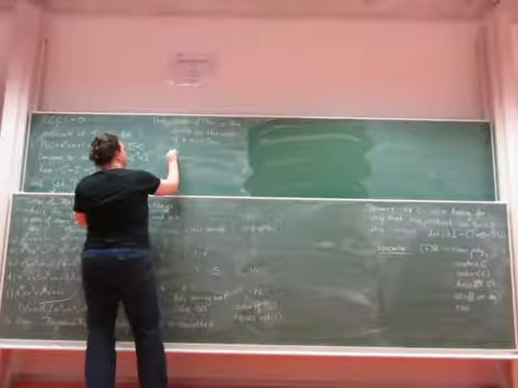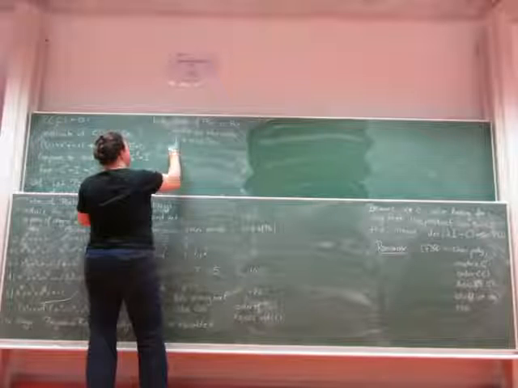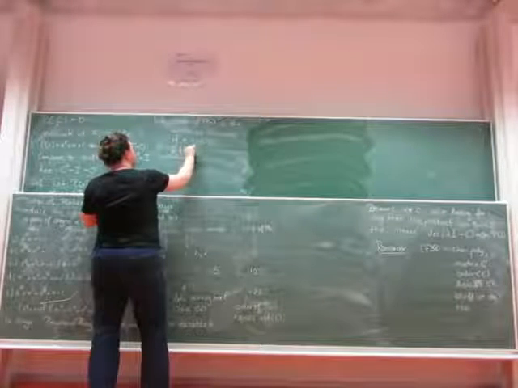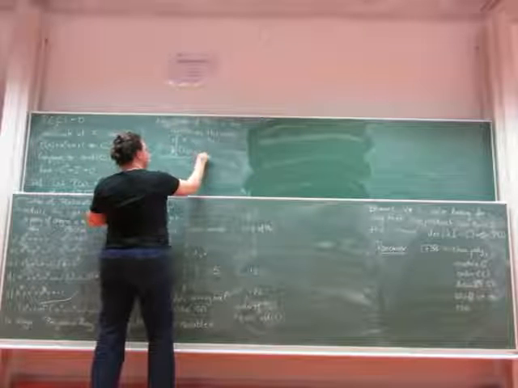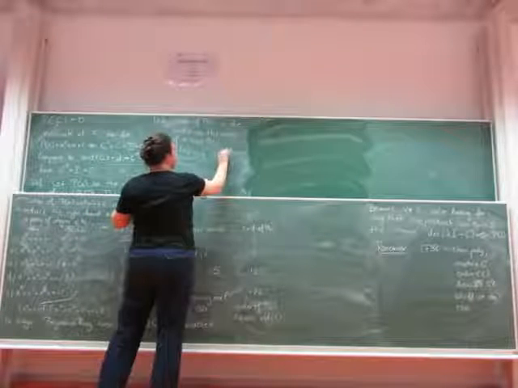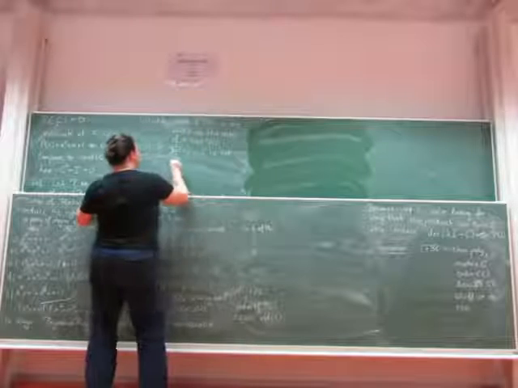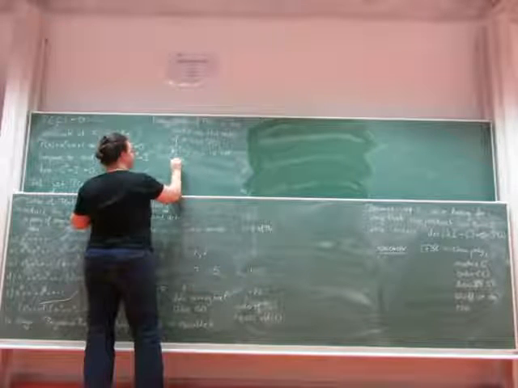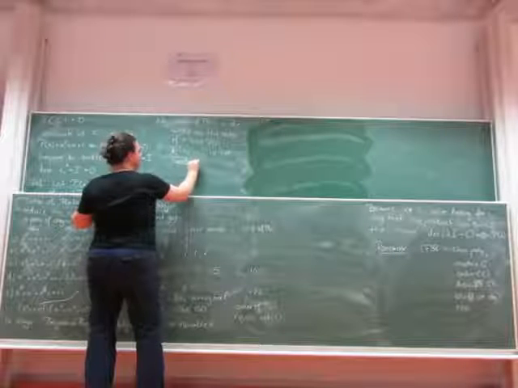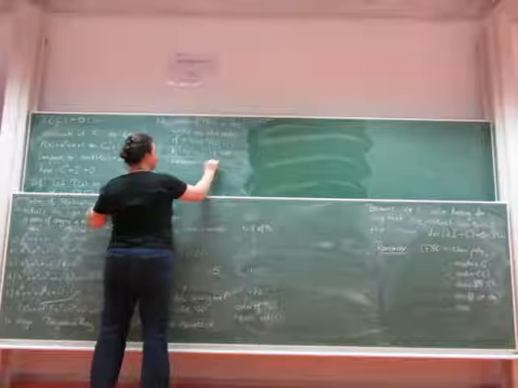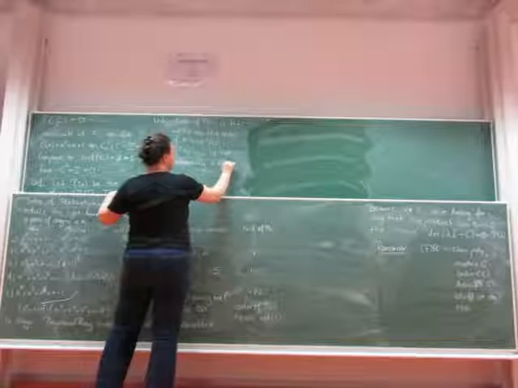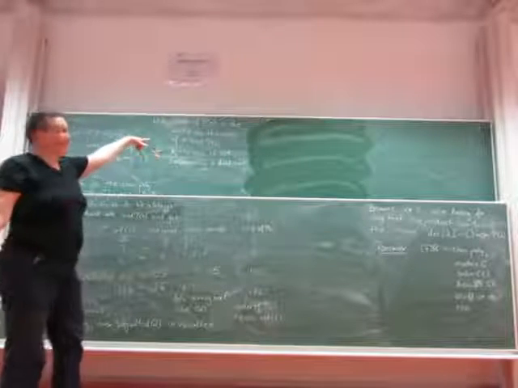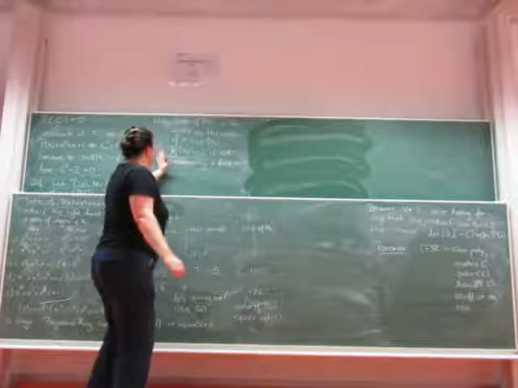So if you take whatever field you're in, let's take F2 because it's our example, F2[x] mod p of x is not necessarily a field, but powers of x will not be 0.